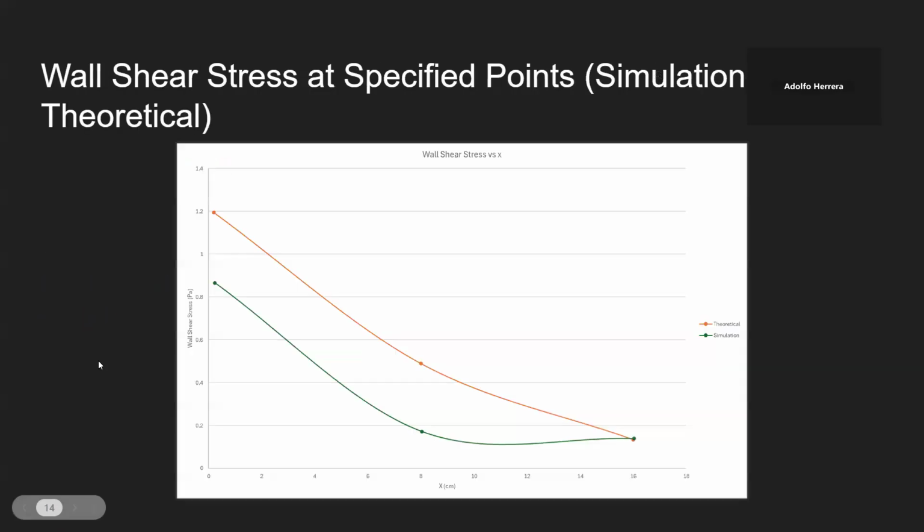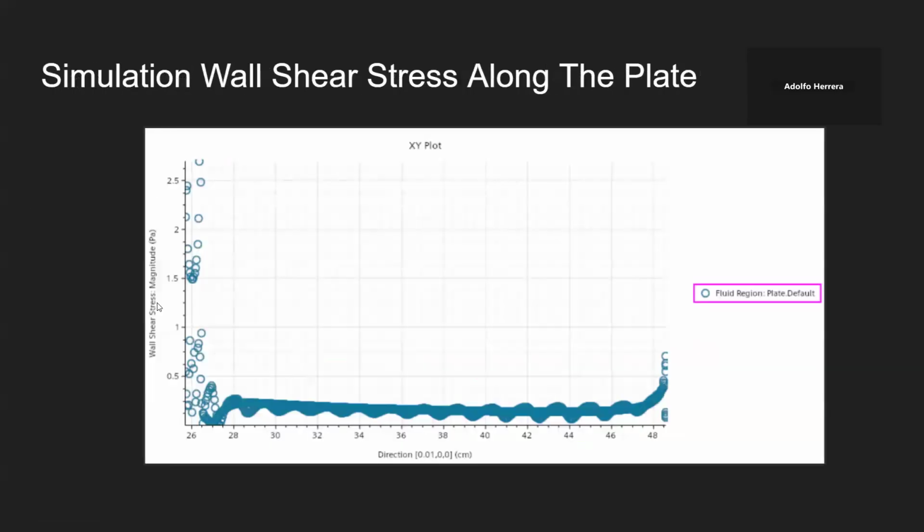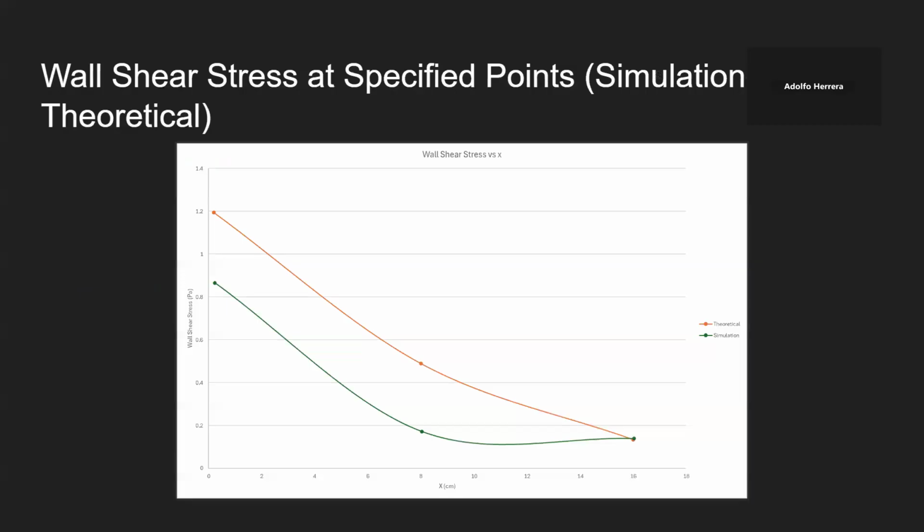And if we plot them versus these same specific locations gathered from this plot here, what I did was go into Excel and select the same points across the plate on the top part, like 0.2 and then 8 and then 16, and gather the wall stresses respectively for those points. You can see that the trend is the same, but then the simulation results start over predicting the wall shear stress compared to the theoretical results.